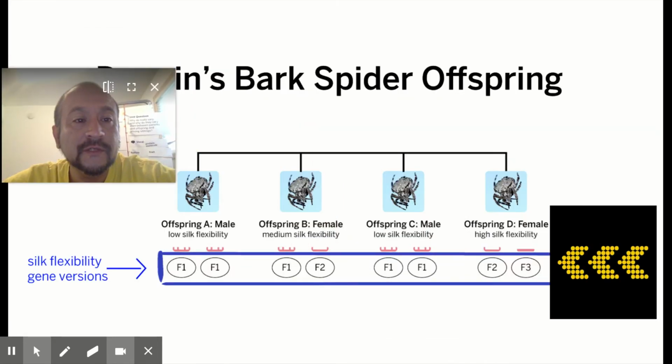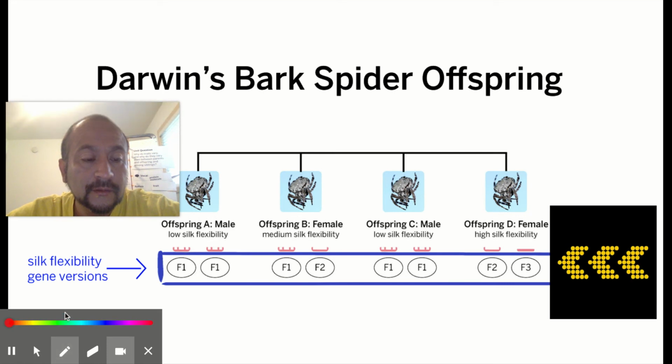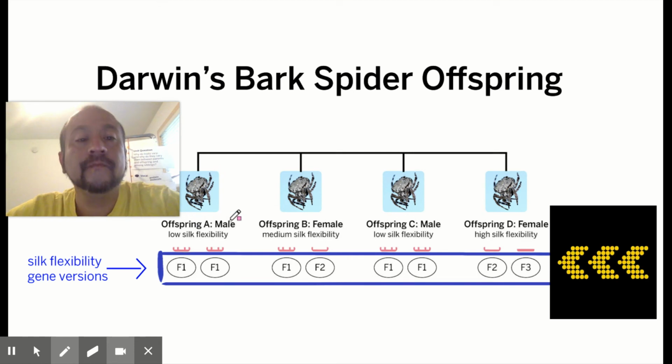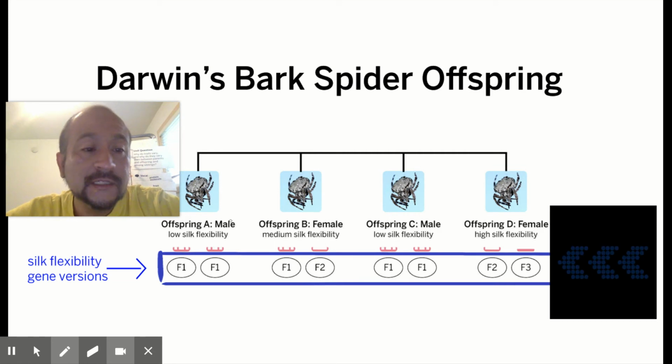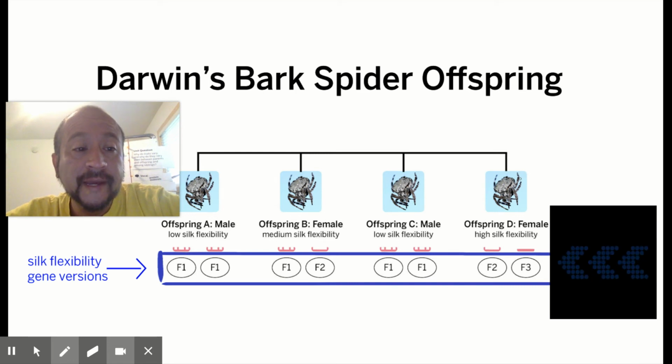So here are the different gene versions. Here we have an offspring, or a spider. These are all babies that came from a mother spider and father spider.